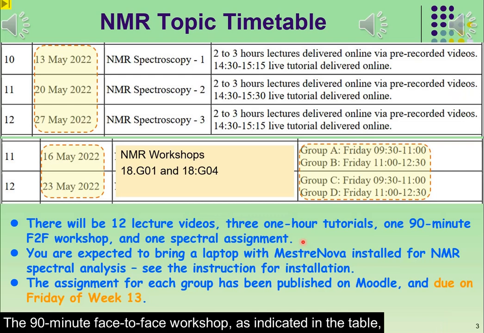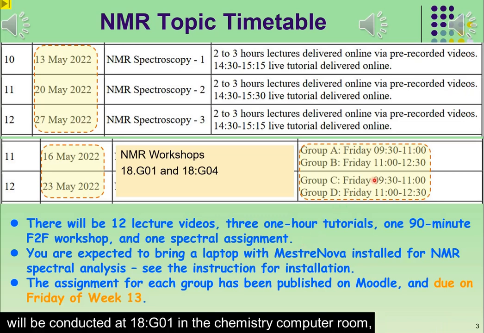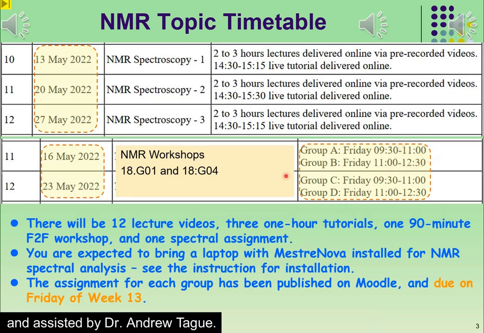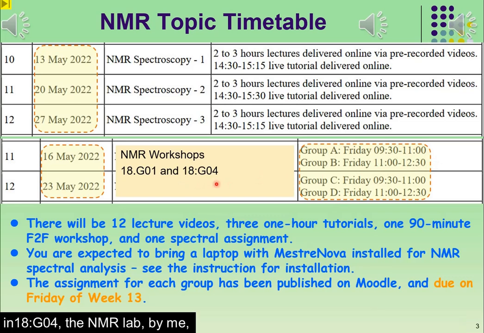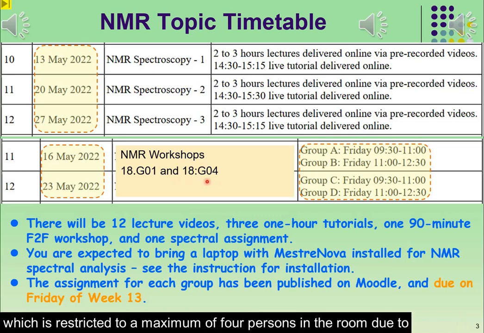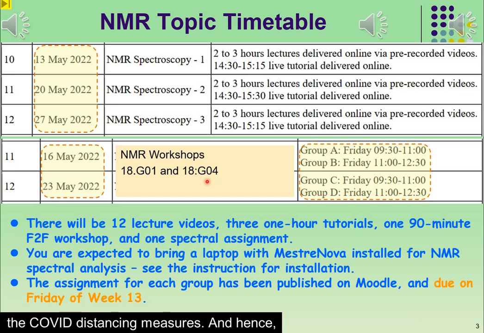The 90-minute face-to-face workshop, as indicated in the table, will be conducted at 18G01 in the Chemistry Computer Room and assisted by Dr. Andrew Tague, during which there will be a 15 to 20-minute introduction of the NMR facility in 18G04, the NMR lab, by me, which is restricted to a maximum of 4 persons in the room due to the COVID distancing measures.